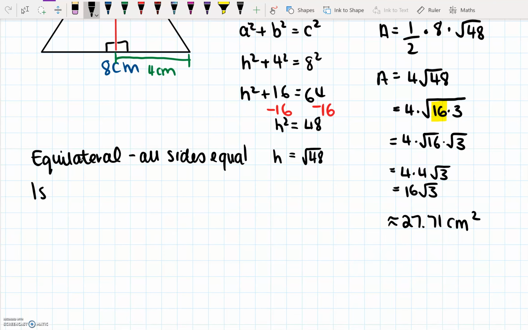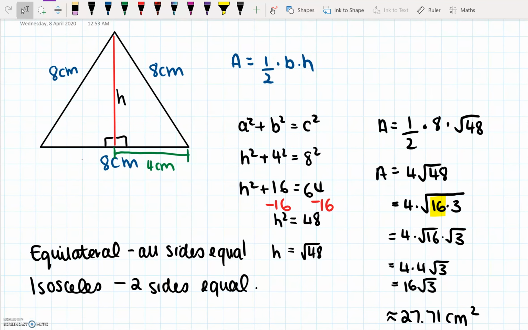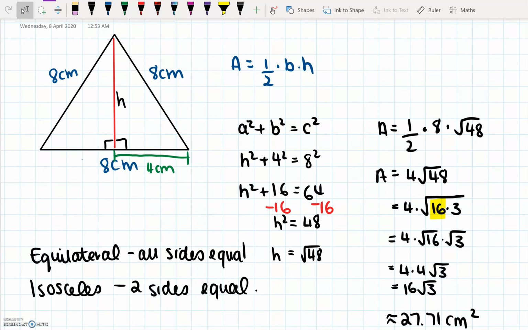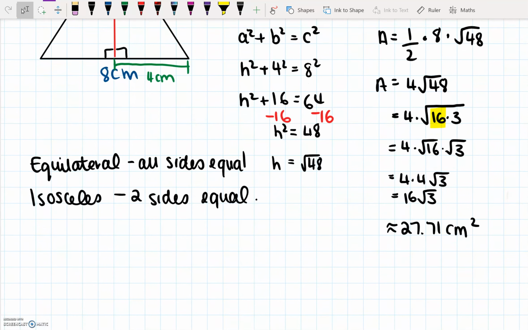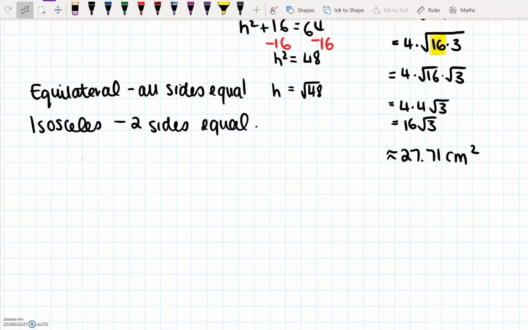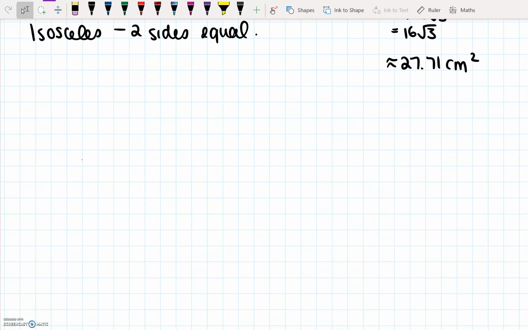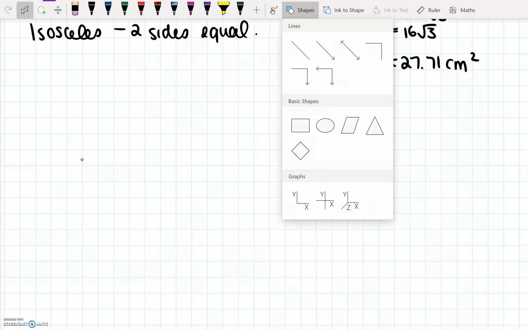An isosceles triangle was two sides equal. So you can use this technique for either of these two types of triangles. For a scalene triangle, you can't actually do this. That's when all three sides are different. This can also be used for things like a trapezium.